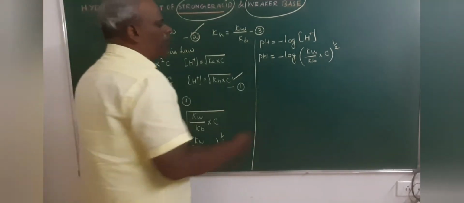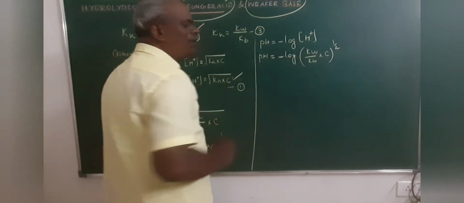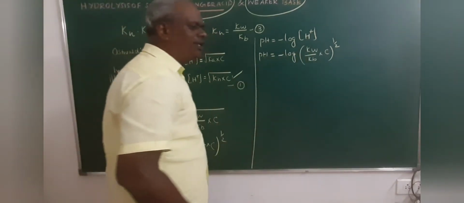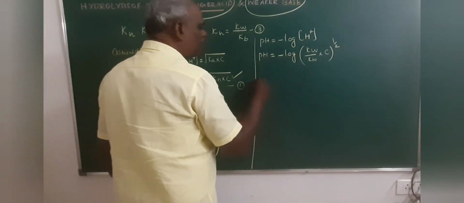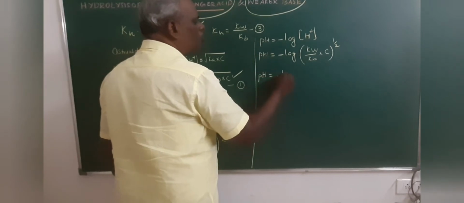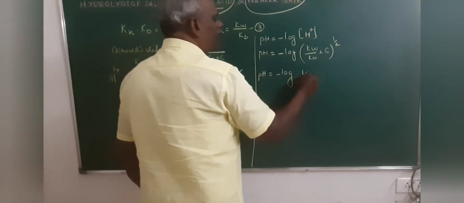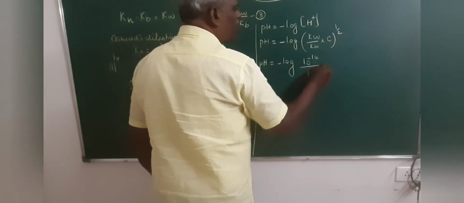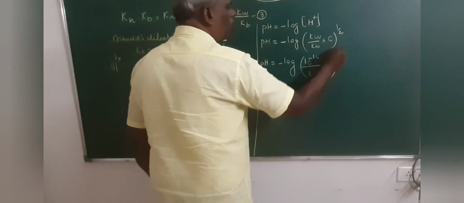We know the value for Kw, the ionic product of water, is 10 power minus 14. So pH is equal to minus logarithm of 10 power minus 14 divided by Kb into C, the whole power half.